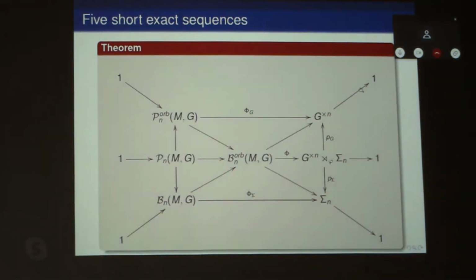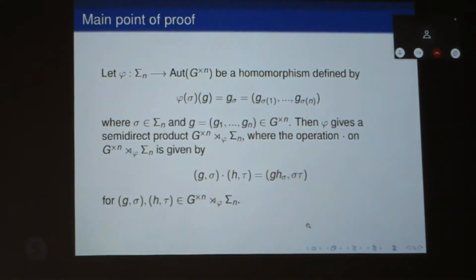Also, here is the main point of the proof. Using this map, we can get the semi-direct product of this group and the symmetric group.